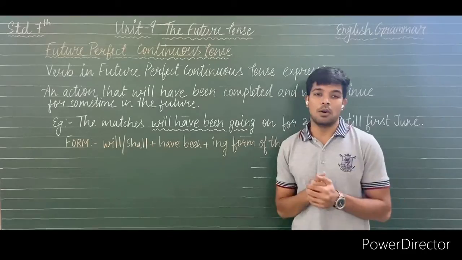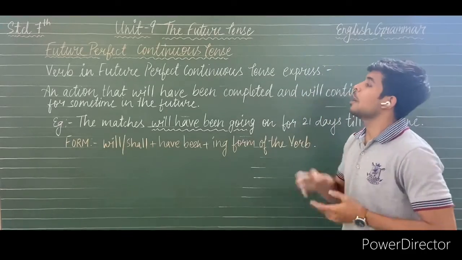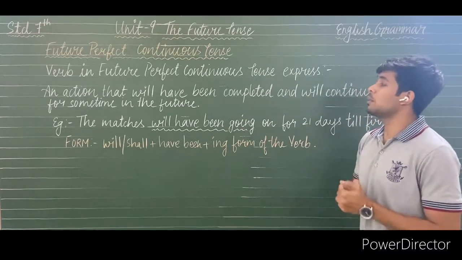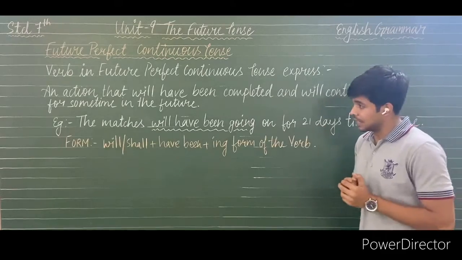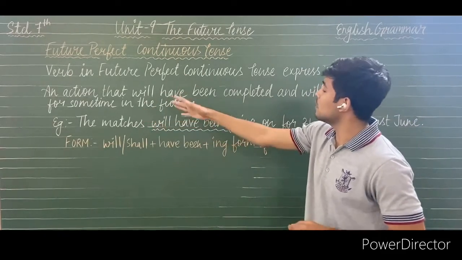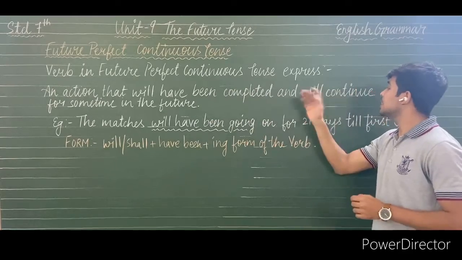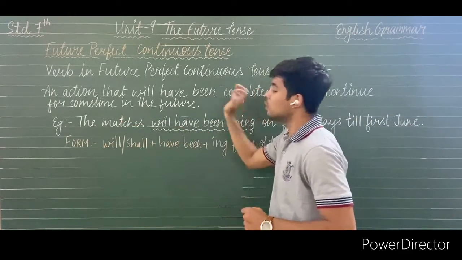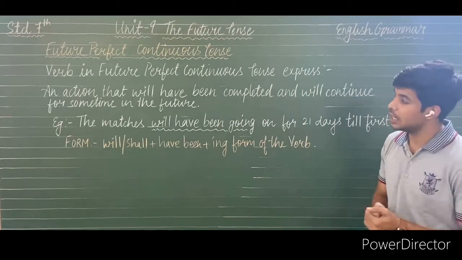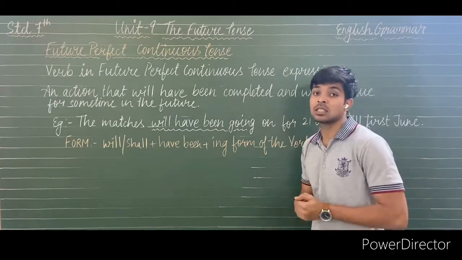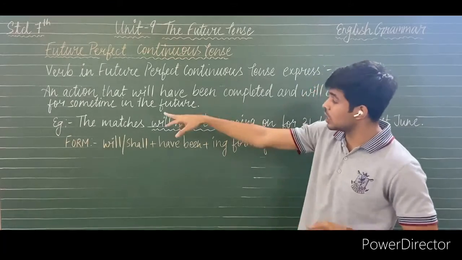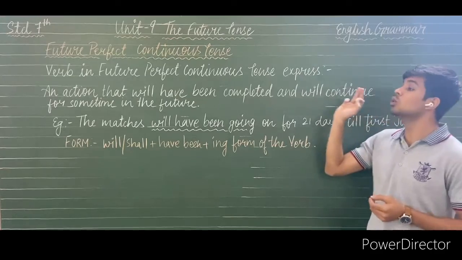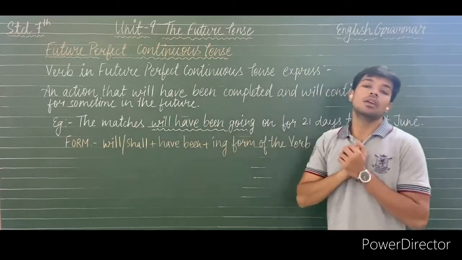Now we will discuss the future perfect continuous tense. Verbs in the future perfect continuous tense express an action that will have been completed and will continue for some time in the future.